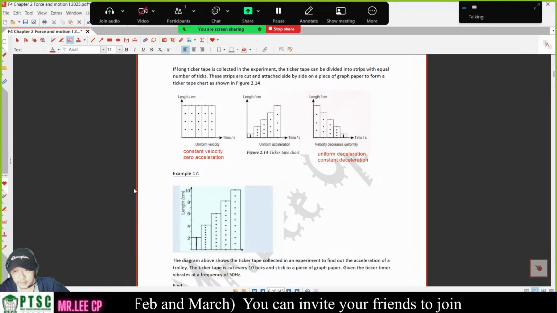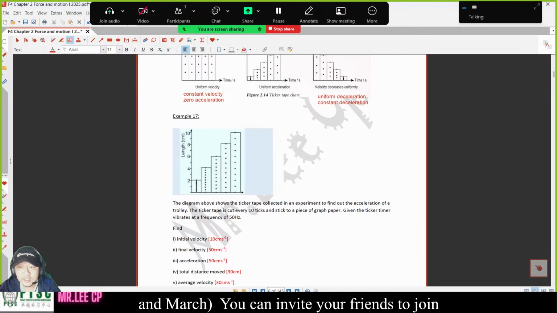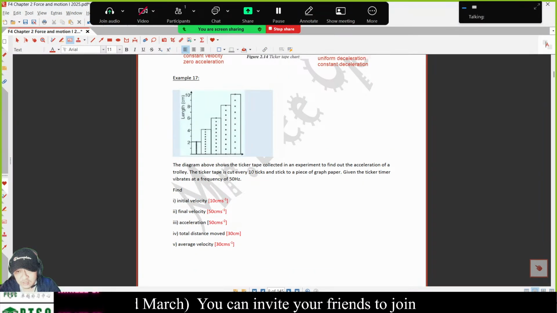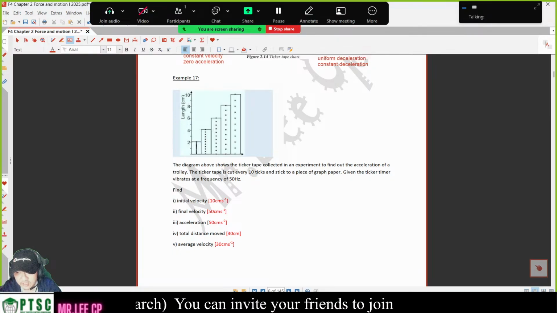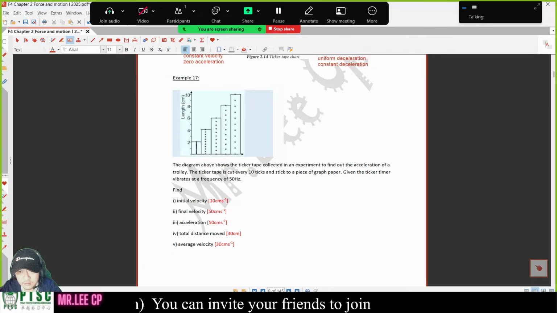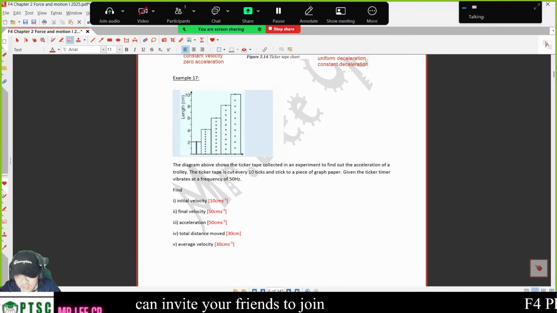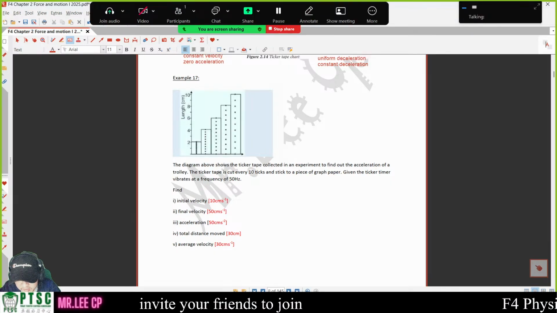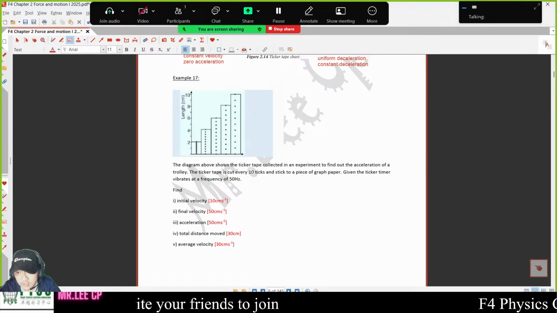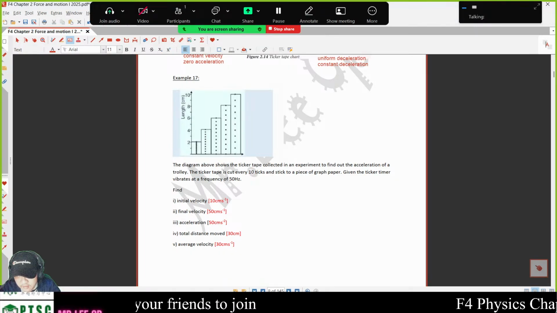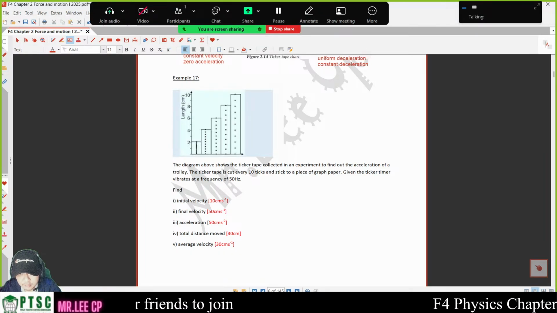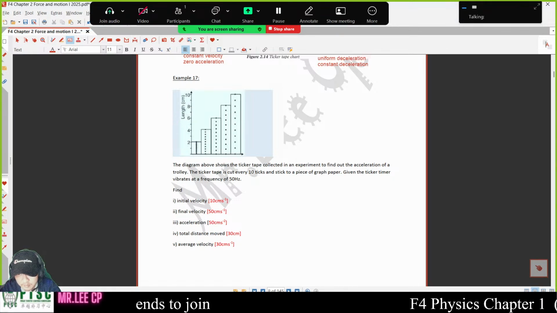Alright. So for example, we look at this example. The diagram shows the ticker tape collected in the experiment to find out the acceleration of the trolley. The ticker tape is cut every 10 ticks. So here is 10 ticks. I calculated for you already. Here also 10 ticks, 10 ticks, 10 ticks, 10 ticks, and stuck to the graph paper, given the ticker timer vibrates at 50 Hertz.